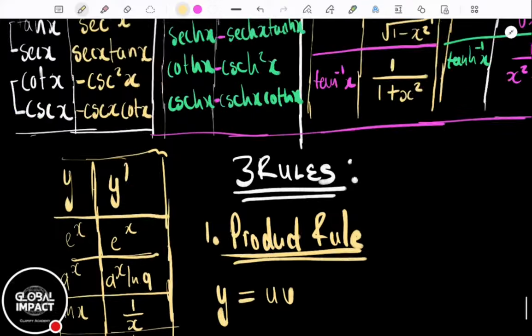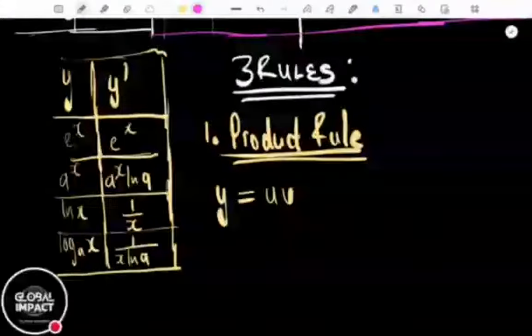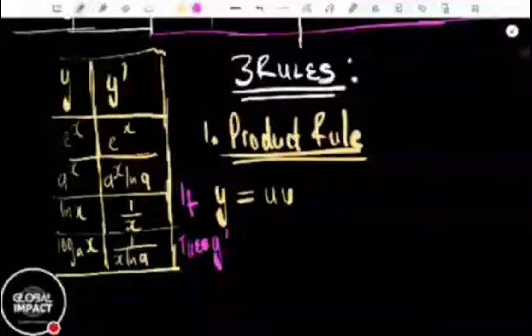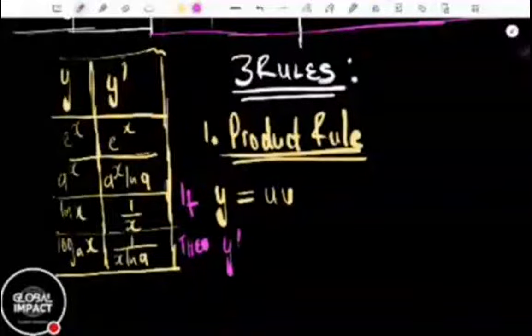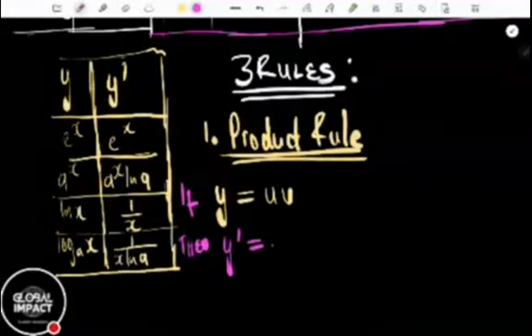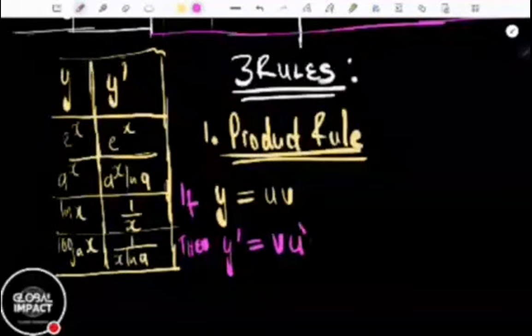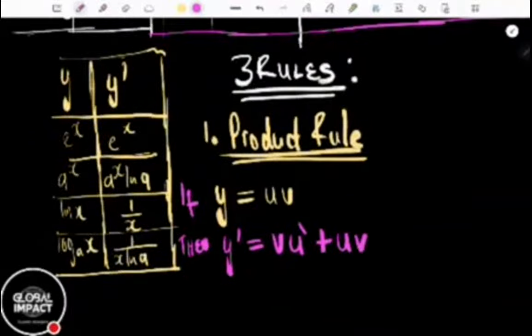That is why I'm making y prime. If y is equal to this, then your derivative, y prime, is going to be: the product rule says, bring the second function, which is v, multiply by the derivative of the first, u prime, plus bring the first function u, multiply by the derivative of the second, v prime.